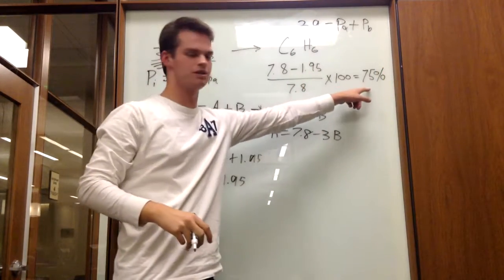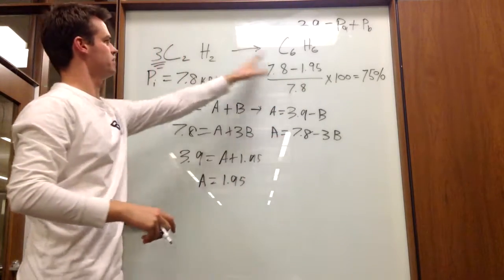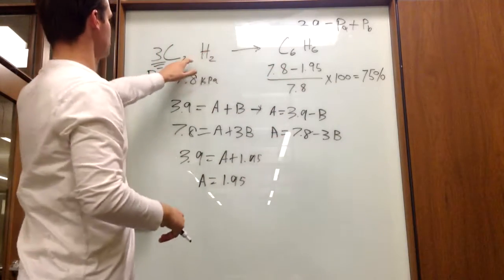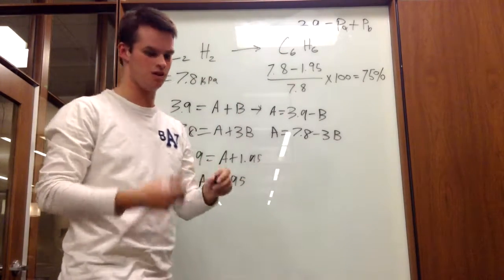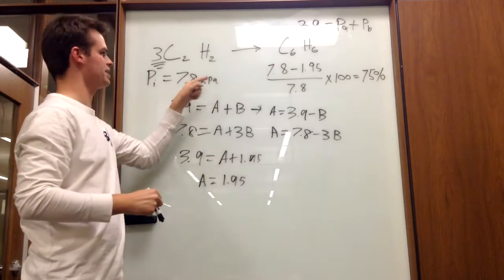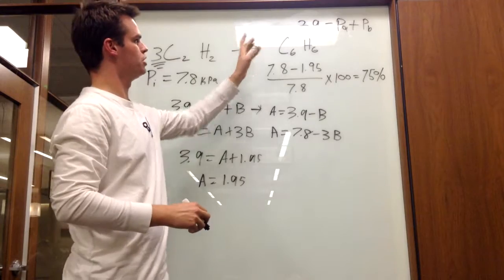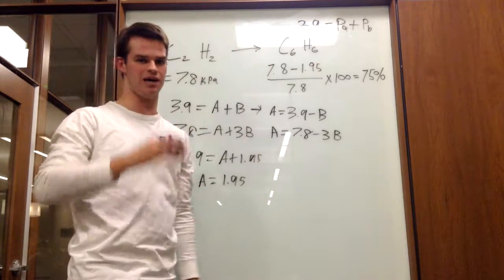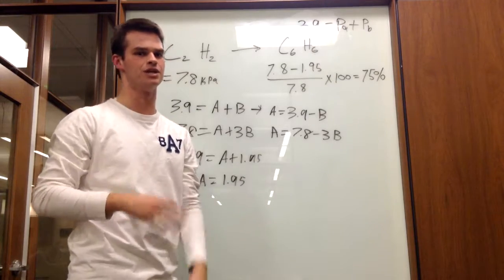That is the amount of acetylene that was used in this reaction. 75% of that 7.8 kilopascals was used in the reaction that it went through to create 3.9 kilopascals of benzene.